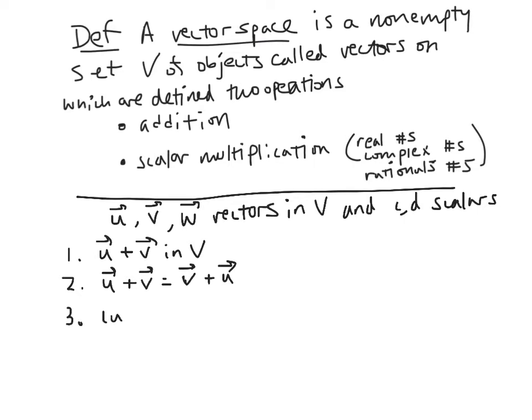Addition is also associative. So I can add u plus v and then w, or I can add v and w, and then add u to it. There's a vector we call the zero vector.